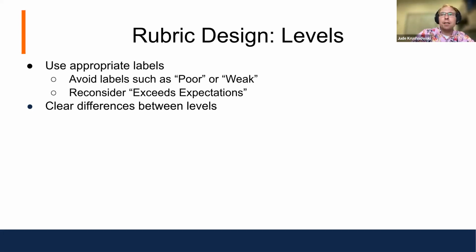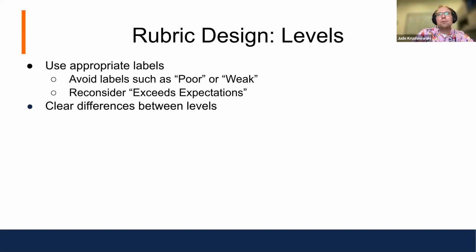So instead of exceeding, exemplary, distinguished, excellent, right? And it might seem like these are just changes of words. Sustains performance at level, wonderful. And so these are simple changes of language.